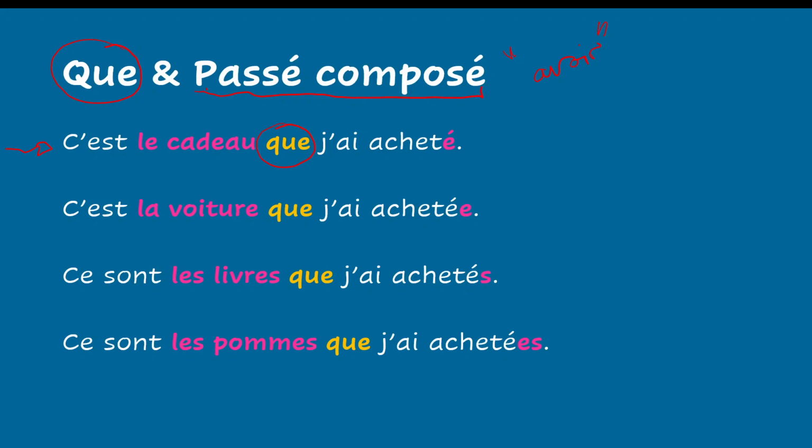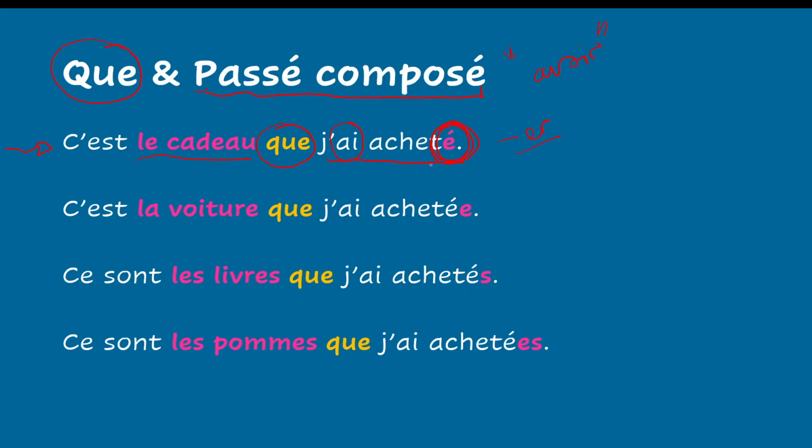So we're using que and here we're using passé composé with avoir. So you want to remember that when the antécédent is masculine singular, the past participle is always going to be é, for example if the verb is an ER verb, of course. So, le cadeau que j'ai acheté.